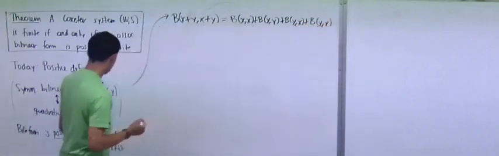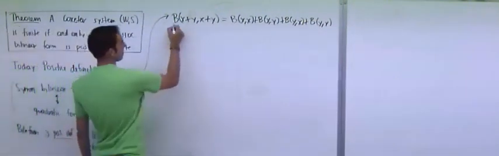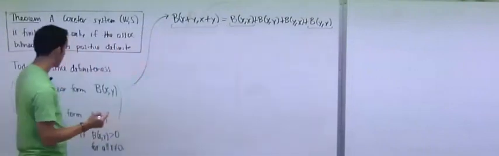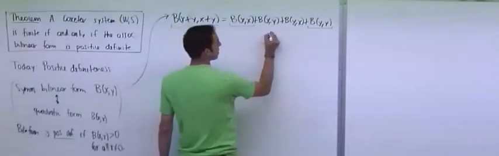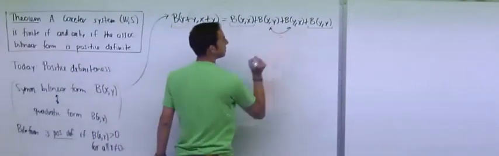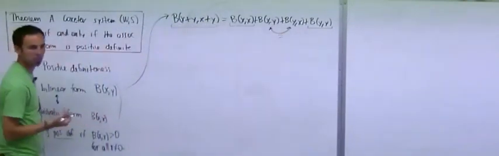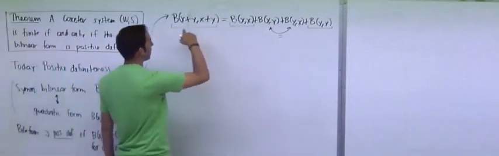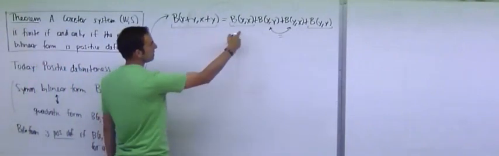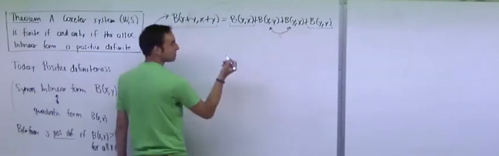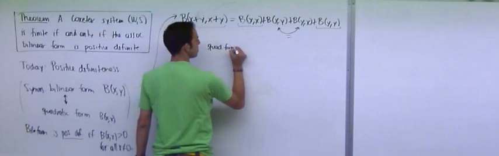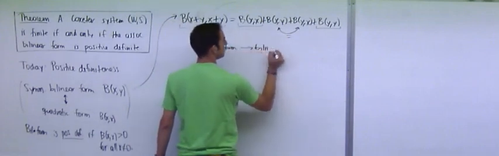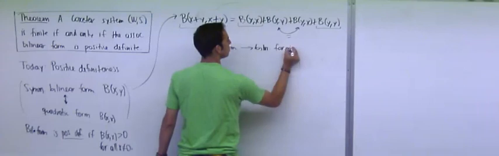Okay? And if you know the quadratic form, that means that you know this, and you know this. And I'm telling you that the bilinear form is symmetric, which means that these guys are equal to each other. And that means you know what b of xy is. It's a half of b of x plus y, x plus y, minus b of xx minus b of yy. So that's how you get from the quadratic form to the whole bilinear form. Okay.